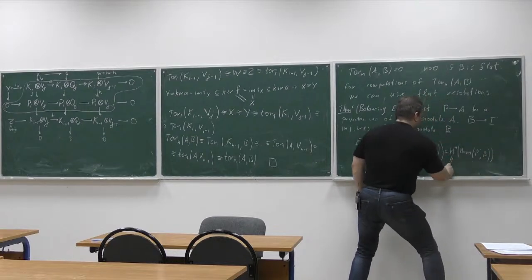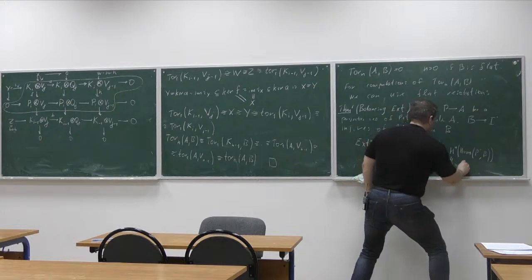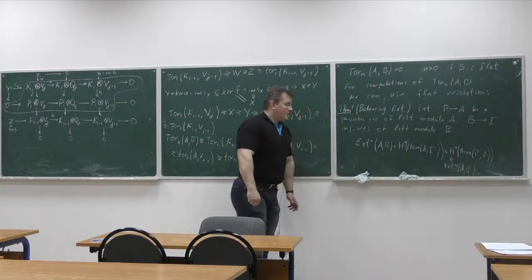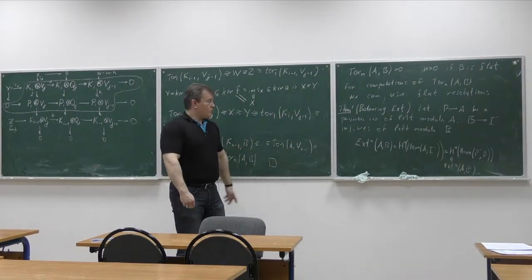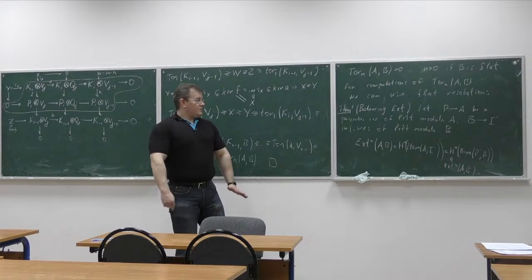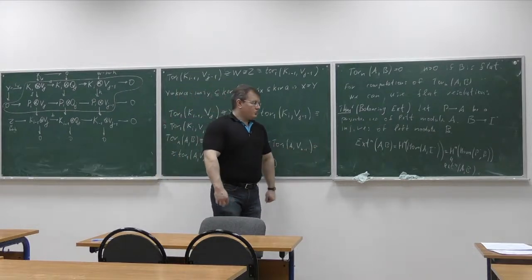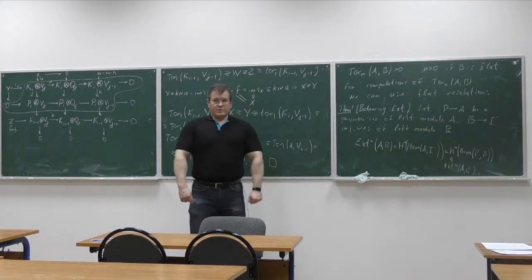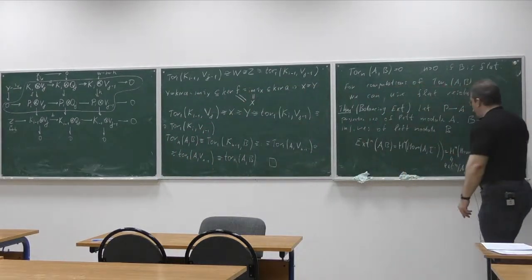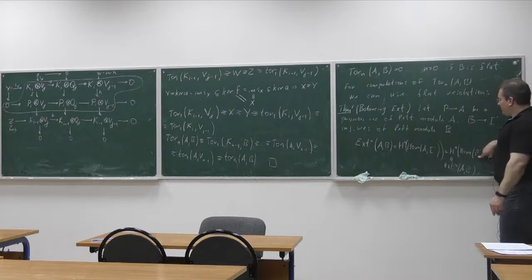So let's call this Ext with a little e. Again, it doesn't depend which argument you're resolving, but you need to notice that the second argument is resolved with an injective object, and the first argument is resolved with the projective. The reason for this is because Hom is a contravariant functor, so it's actually from the opposite category, and in the opposite category this projective resolution becomes an injective resolution.